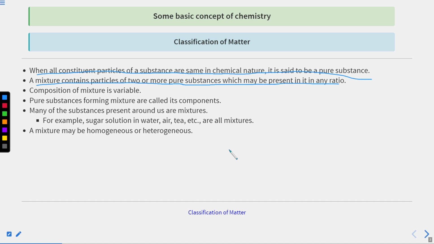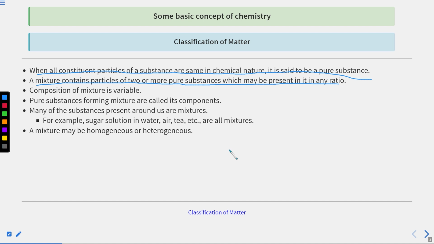Suppose we take water, okay, and we pour, say, oil into it, right? Now you will see that water is a pure substance, oil is a pure substance. After mixing both of those, you will find an impure substance, because these substances are different, they are distinct.